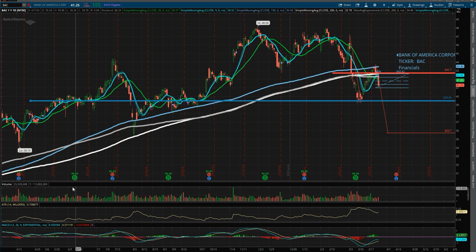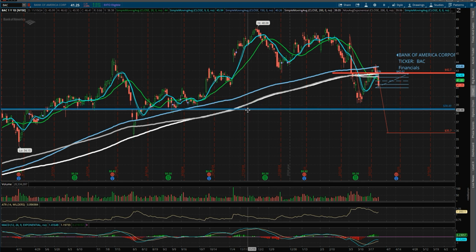So we know that was an area of interest, bounced around there quite a bit. Not actually a support area there, but it did bounce around in that area. But more of the support is probably more down around here. This would be more of our support area here.